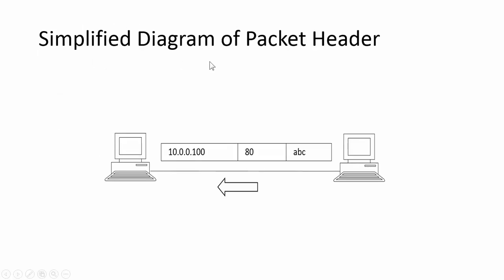Here is a simplified diagram of a packet header. We have a packet right here, and the data is ABC, and the packet header shows that we have destination IP address as well as port number. Well, a packet header has more than just two fields. It has many more fields. This is just a simplified diagram.